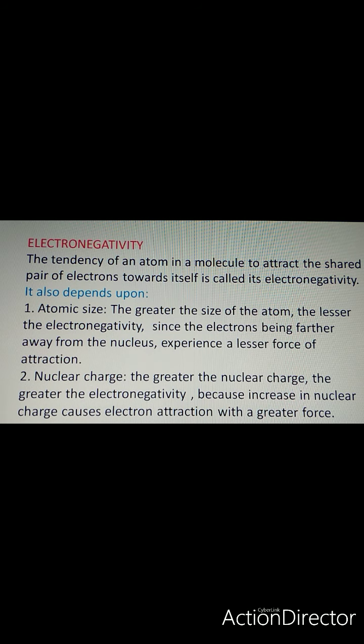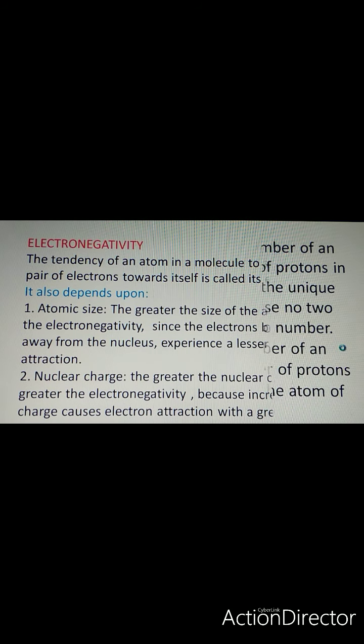The greater the size of the atom, the lesser the electronegativity, since the electrons being further away from the nucleus experience a lesser force of attraction. Then nuclear charge: the greater the nuclear charge, the greater the electronegativity, because an increase in nuclear charge causes electron attraction with a greater force.